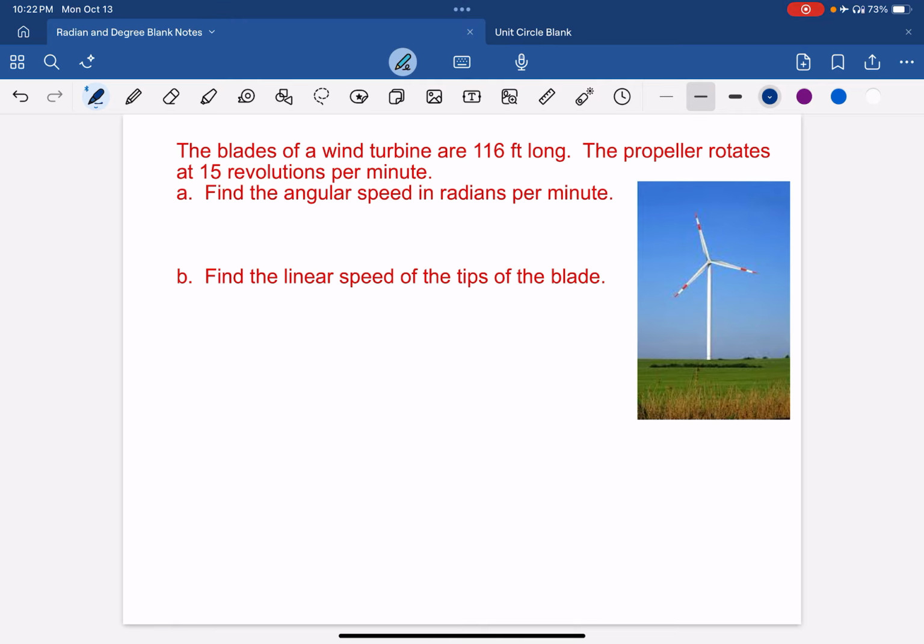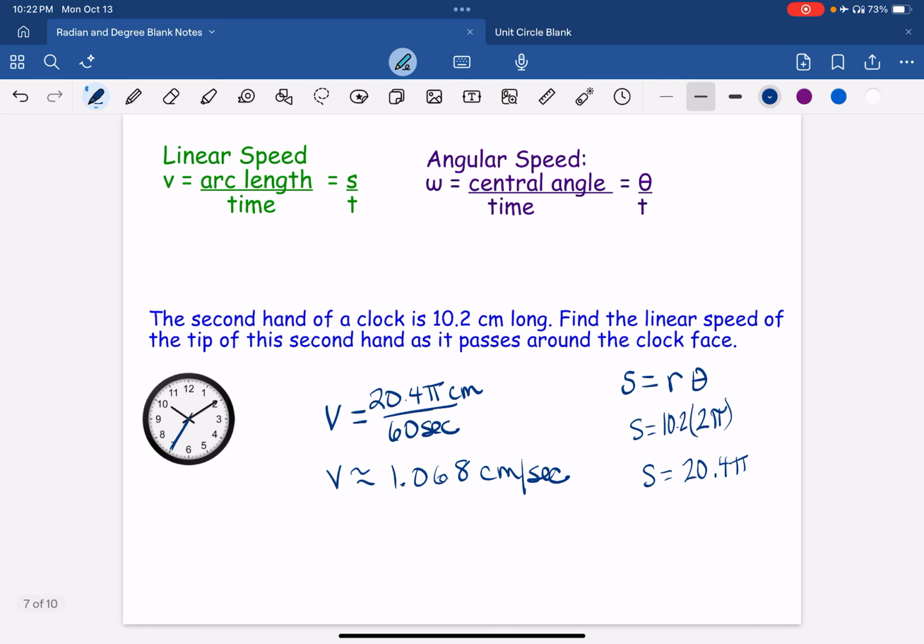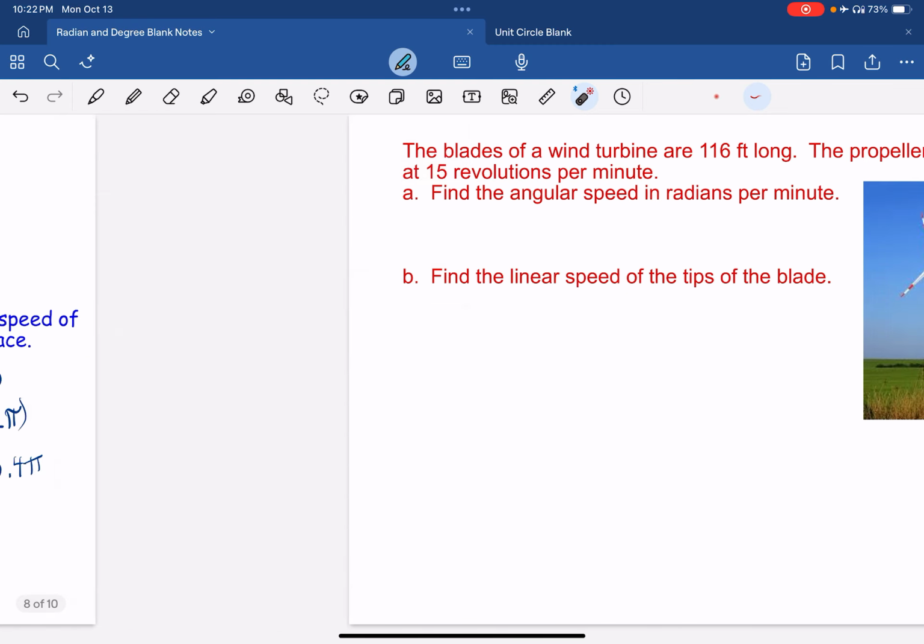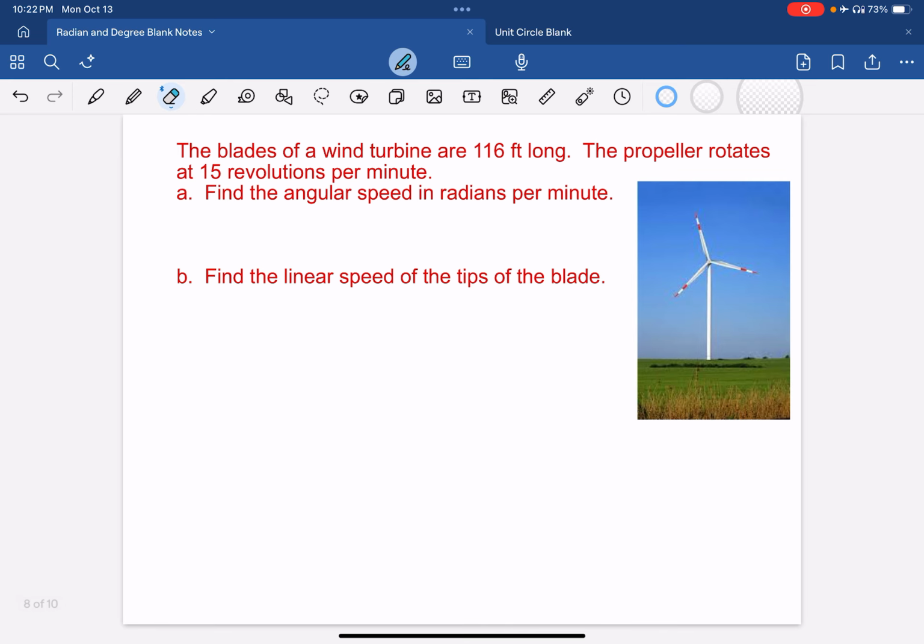Now we have a wind turbine. The blades of the wind turbine are 116 feet long. The propeller rotates at 15 revolutions per minute. Find the angular speed in radians per minute. So keep in mind, angular speed is the central angle divided by time. So we're going to have angular speed equals, now the central angle, think about it like this.